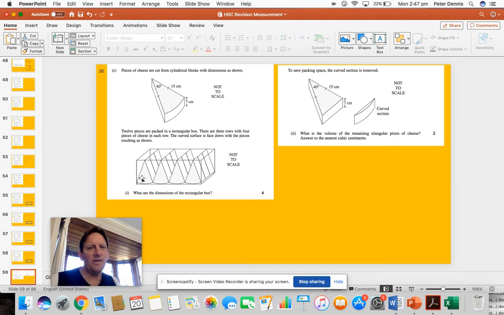So there's a few things happening here. Straight away, it is 3 of these shapes deep. You've got 1, 2, 3. So straight away, that length there is 3 times 7. 7, 7, 7, 21. That's not bad. What is the height?